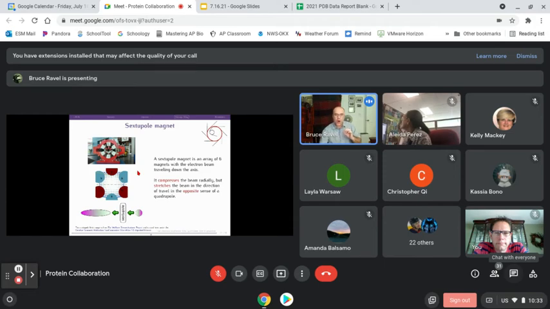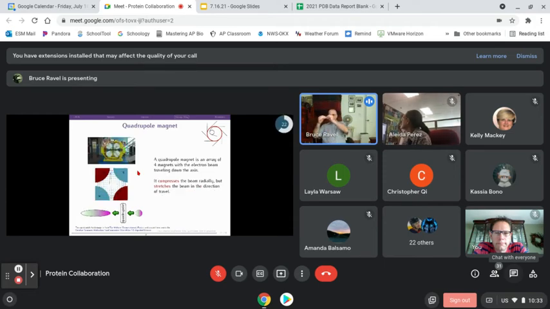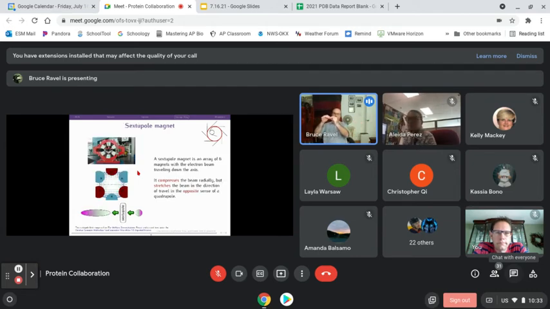So the quadrupole stretches the bunch of electrons out like this. The sextupole stretches the bunches of electrons out like this, in the opposite sense. So if you go through first the quadrupole, which stretches out one way, and then the sextupole, which stretches out the other way, going through them sequentially keeps the bunches nice and tiny in the direction of travel.